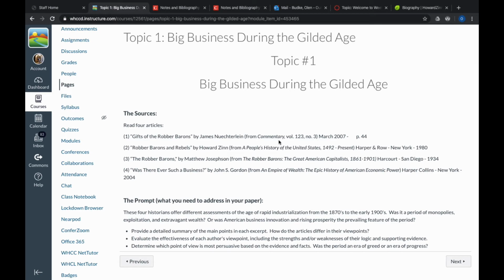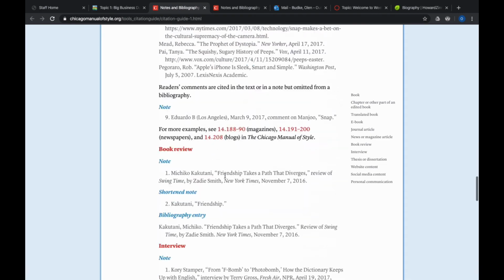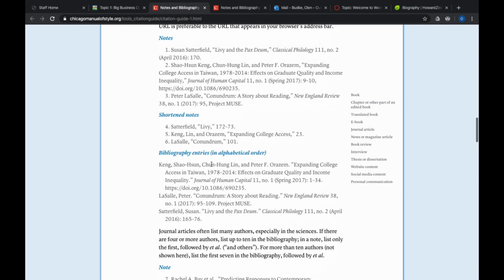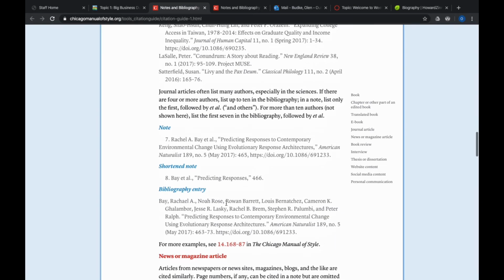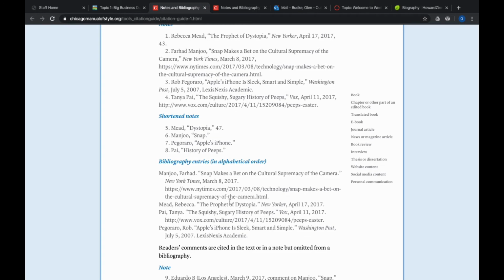Once you answer that question, then you'll know which of these to look at. You're either going to go to the journal option right here and use this as your example, or you're going to go to the magazine article option and use this as your example. So Google that. Do the same thing for your other sources.